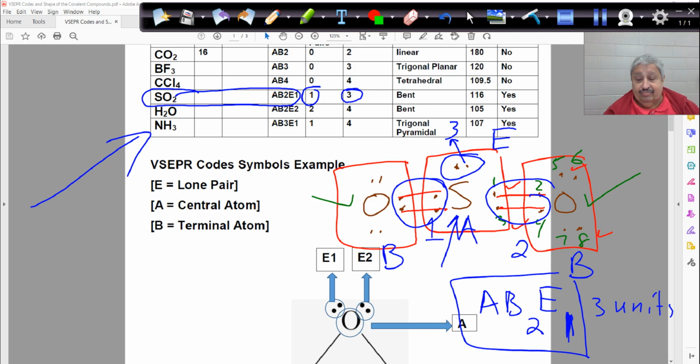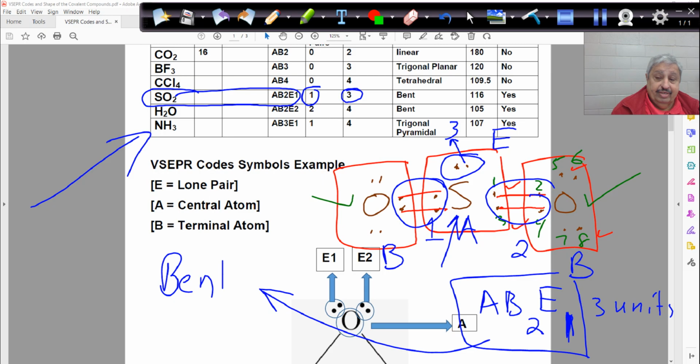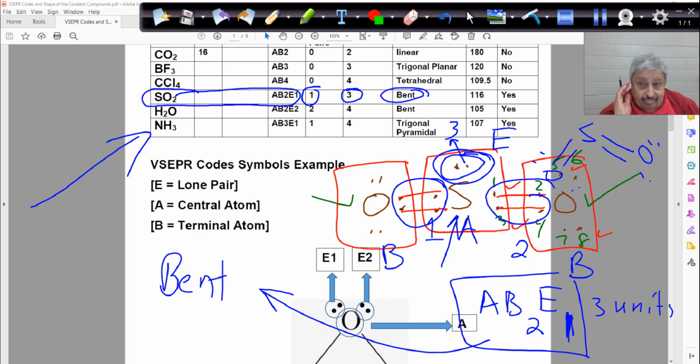What is the structure of this? The structure of it is bent. Remember, we don't consider this, correct? So this one will be looking like this. Bent. Okay, so bent. And the question is, remember that it has 3 zones, and trigonal planar is 120, correct?